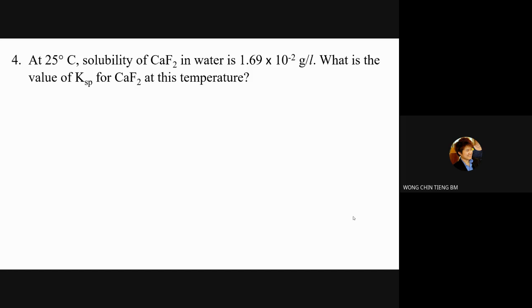Getting the molar mass is something that you should feel on your fingertips. Got it already?